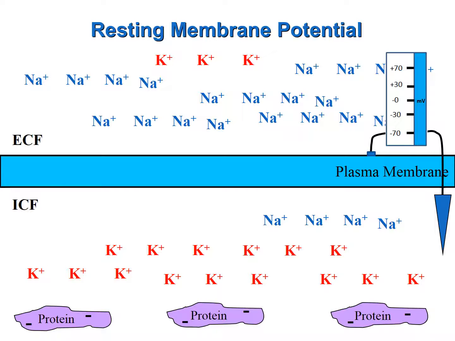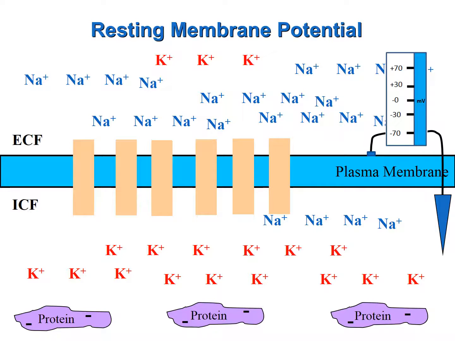Recall that charged particles cannot easily cross the plasma membrane because the hydrophobic tails of the phospholipids don't allow charged particles to cross. The only way that charged particles cross is by some active process or if there are ion channels embedded in the plasma membrane. Now, there are sodium ion channels embedded in the plasma membrane, but at the resting membrane potential, they are closed for the most part. So sodium cannot cross.